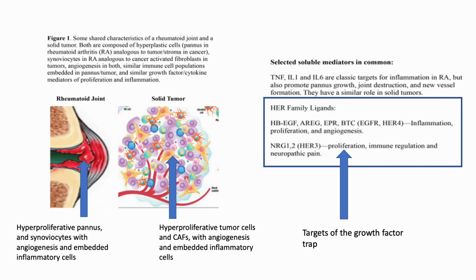On the right side, I've listed some of the soluble mediators that both a rheumatoid joint and a solid tumor share. Of course, these include the inflammatory cytokines TNF, interleukin-1, and interleukin-6. But also, HER family ligands have been shown to have a role in the progression of both diseases.